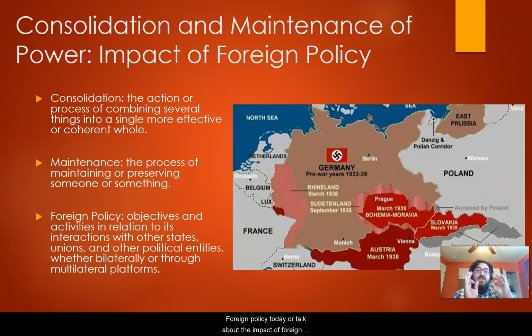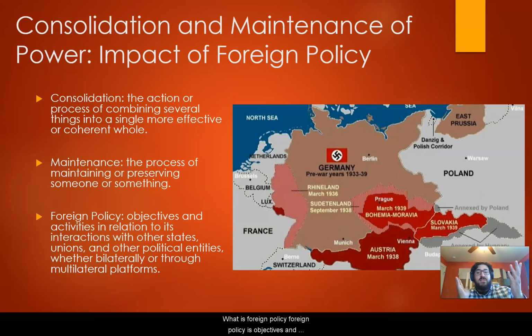Today we're talking about the impact of foreign policy, and you are supposed to think about whether these foreign policies were successful, and I'll talk a little bit about that during each of these examples, and decide if that was helpful in helping Hitler maintain his power. Everything we're talking about today is all about maintenance of power. None of this is consolidation.